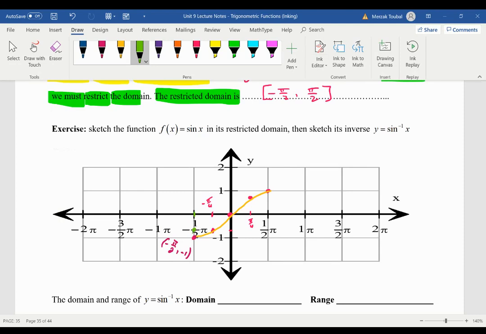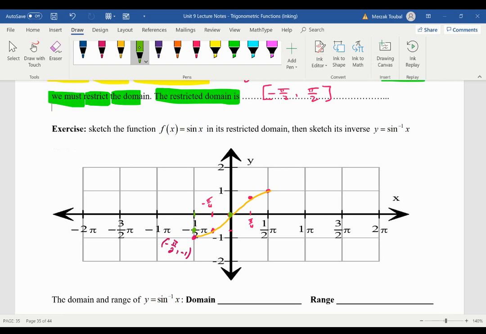All right. And then this point here, 0, 0, stays as 0, 0. And then this point here, pi over 2, 1 becomes 1, pi over 2. This is pi over 2.